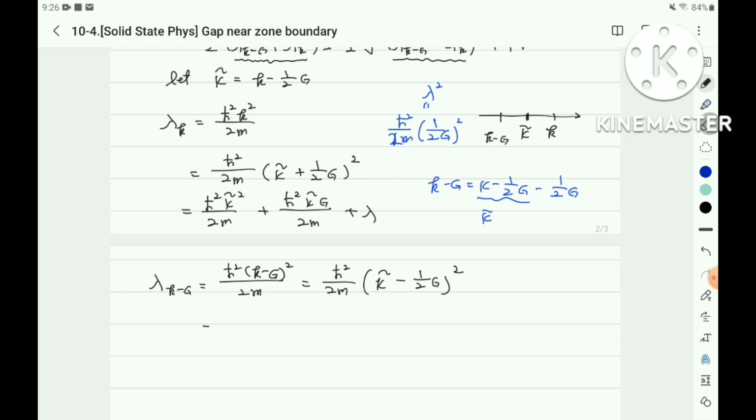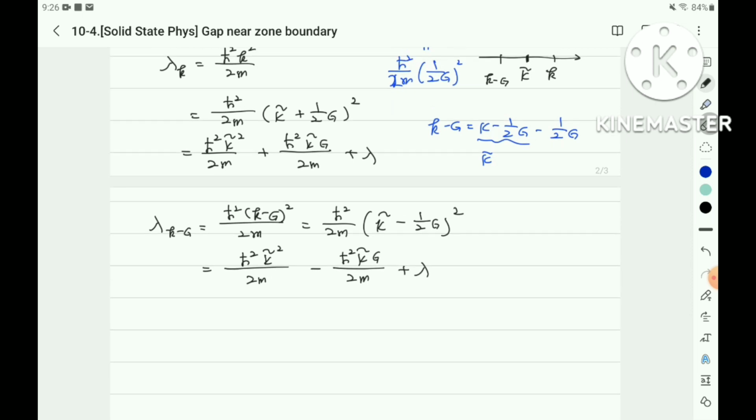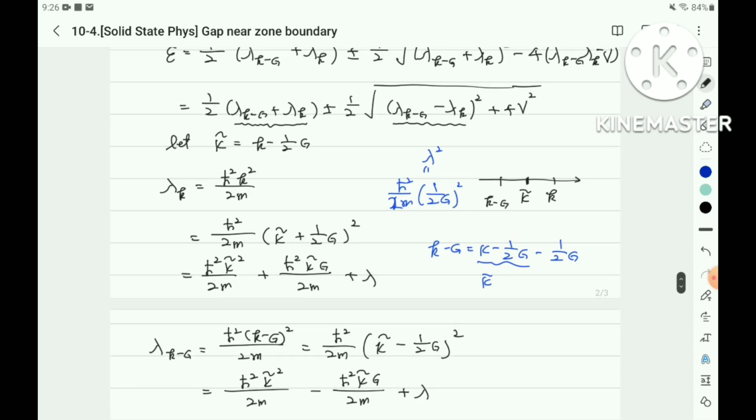Then it can also be written h bar square k tilde square over 2m minus h bar square k tilde g over 2m plus lambda. Therefore, we should calculate these equations.